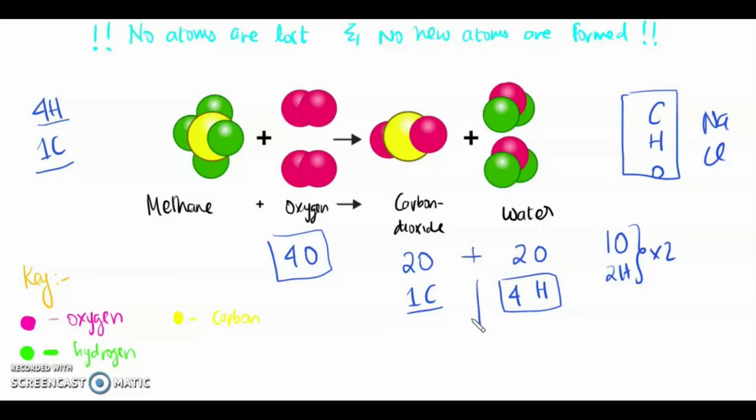So when we add them together, we get 4 oxygen atoms in the products as well. So again, no atoms are lost. We are not destroying any atoms in the process, and no new atoms are formed, right? Suddenly we don't really have an additional oxygen or an additional hydrogen. The numbers remain constant. So I hope you found this recap of chapter 6.1 helpful.